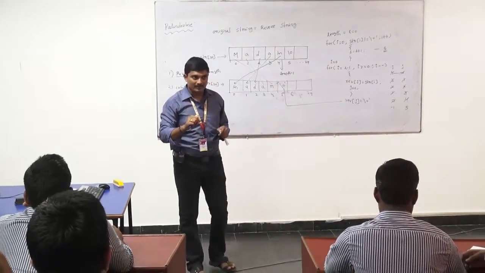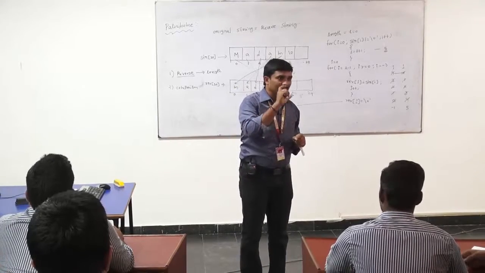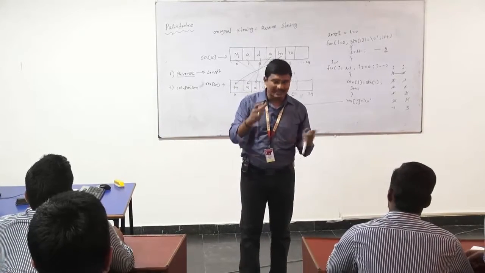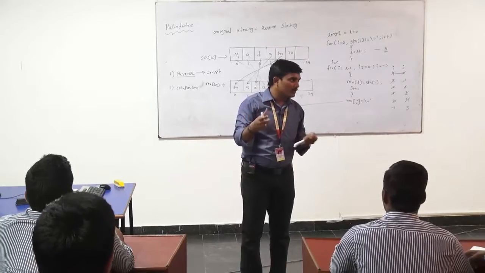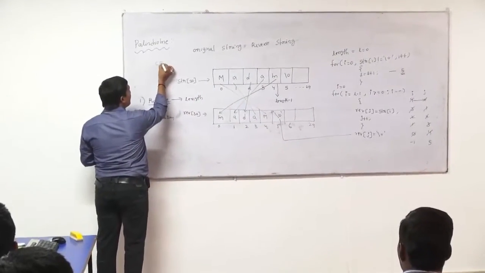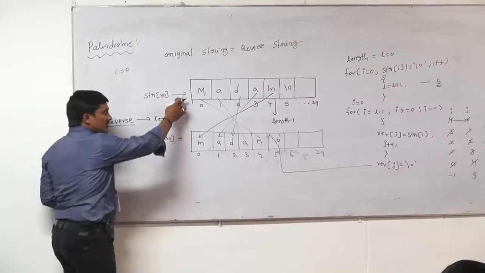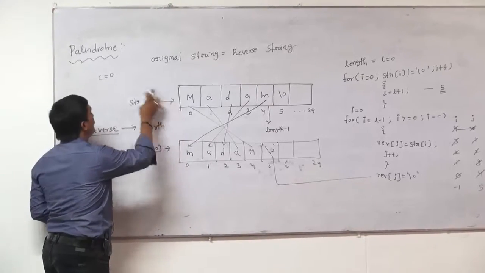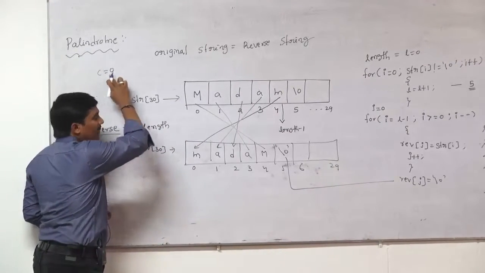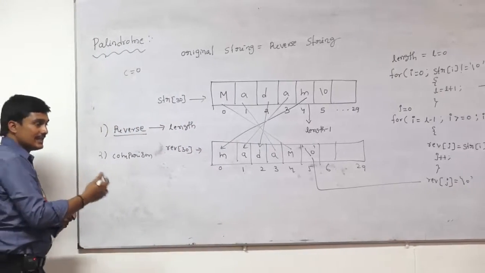Otherwise, if any two characters are not equal, is there any need to continue? We have to stop it. So initially you can take one more variable c as 0. If both strings are equal, don't change the value of c. If both strings are not equal, then change the value of c.